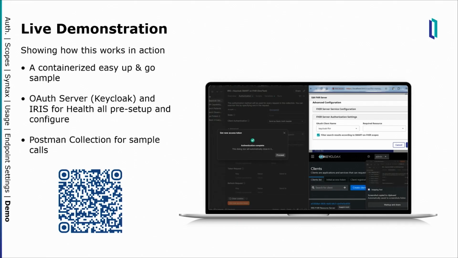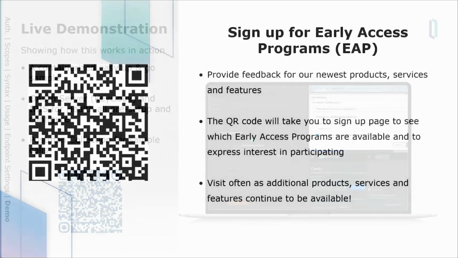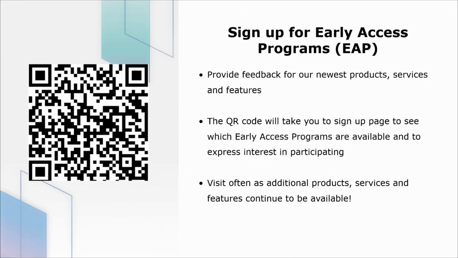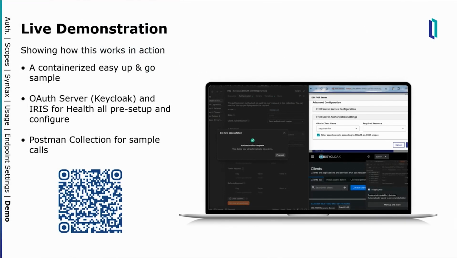You have Keycloak. I don't know if you heard of Keycloak. Keycloak is an open source kind of OAuth server. So you have Keycloak set up, and you have a Postman collection, which I'll be using. So you can play with all this on your own laptops and try it out and see how it works for you. Again, if you get your hands dirty, it's the best way to understand. I always do that, but yeah, I get them too dirty.